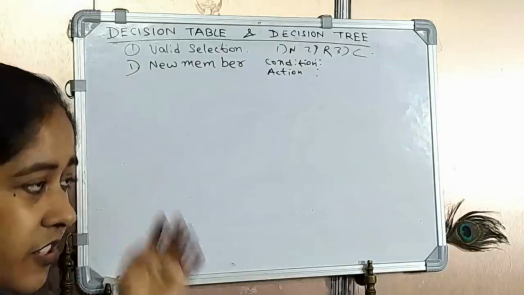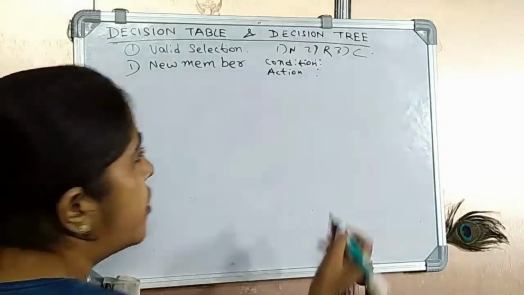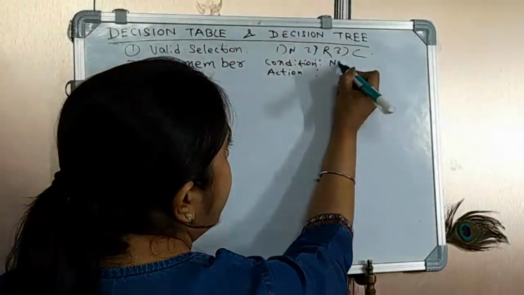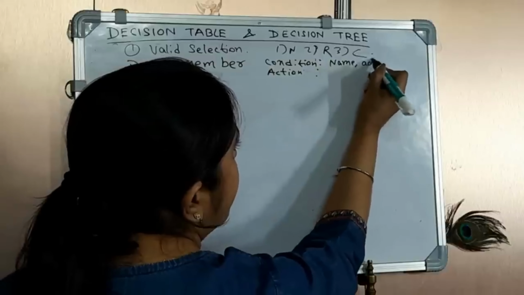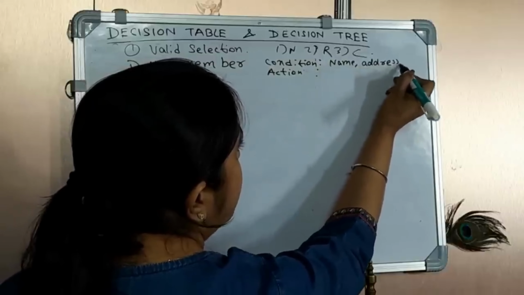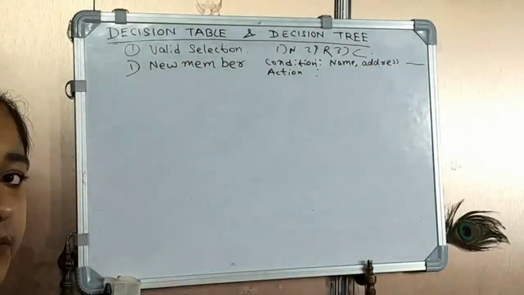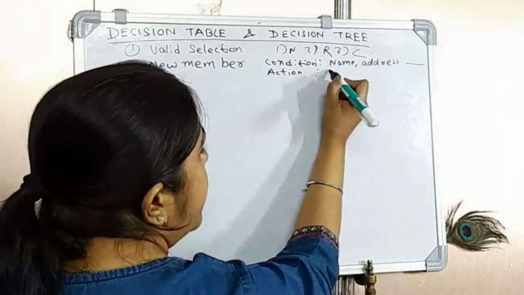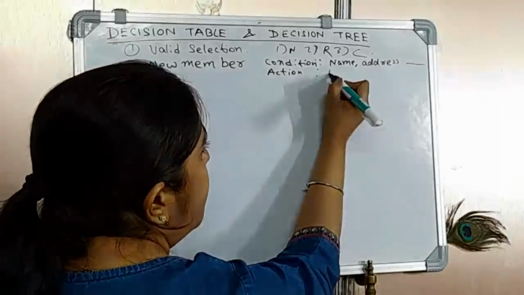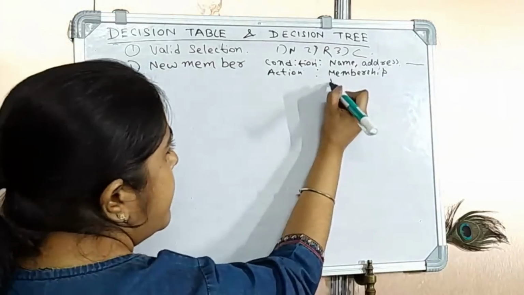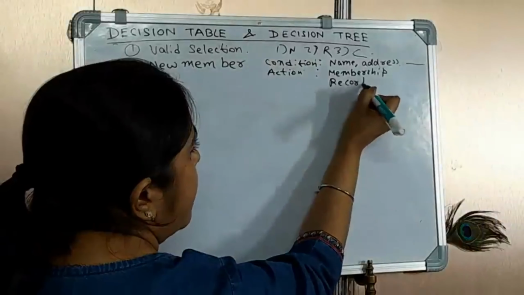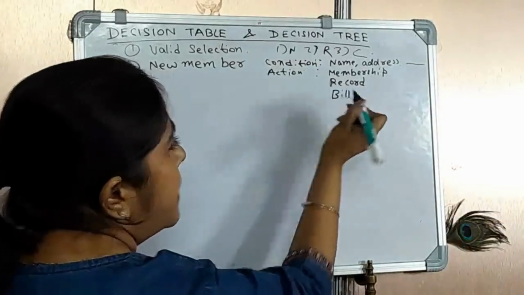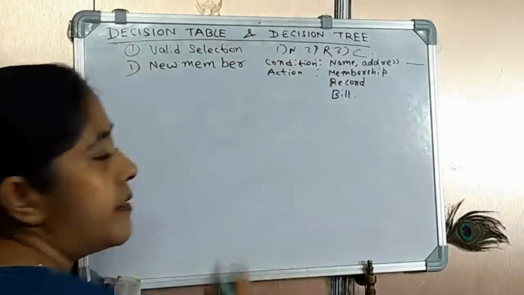For a new member, they will ask you for your name, address, phone number, etc., your basic details. Then the action will be what? They will give you a membership number and update, they will make a record. They will make a particular record and they will generate a bill. These will be the actions.